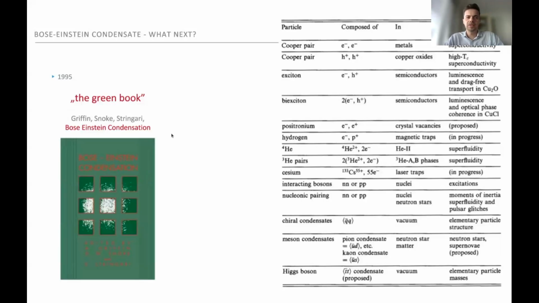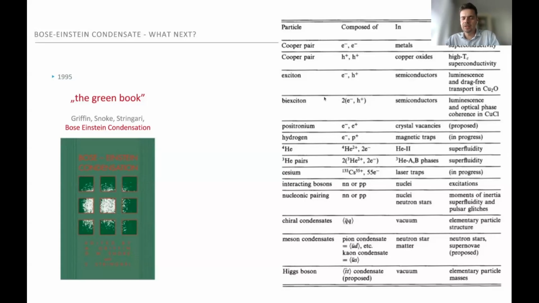But over the years, there were more and more theoretical and experimental evidences that Bose-Einstein condensation can be quite a common phenomenon. In the famous green book by Griffin, Snoke, and Stringari about Bose-Einstein condensation, there is a table of systems that at the time either showed some evidence of condensation or had propositions of condensation.